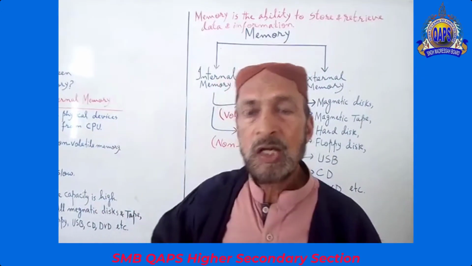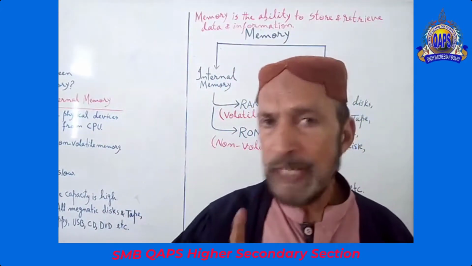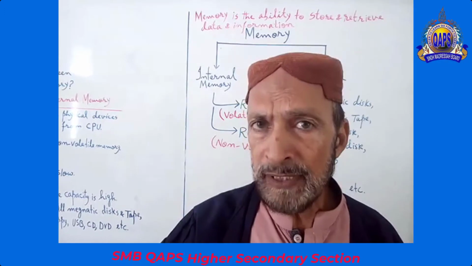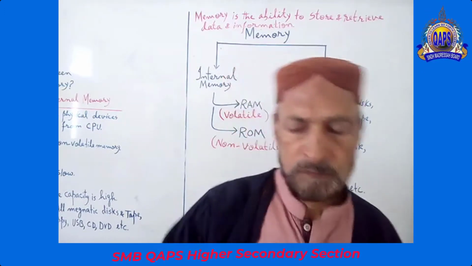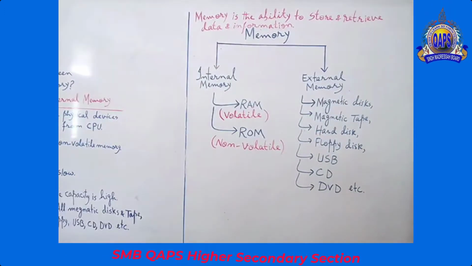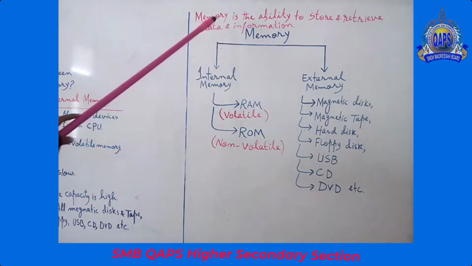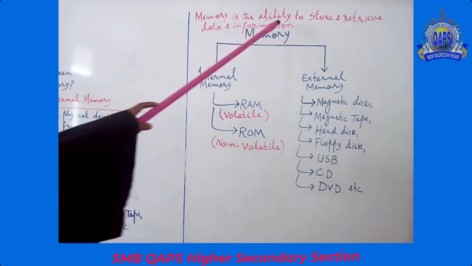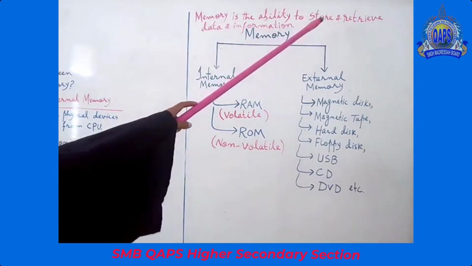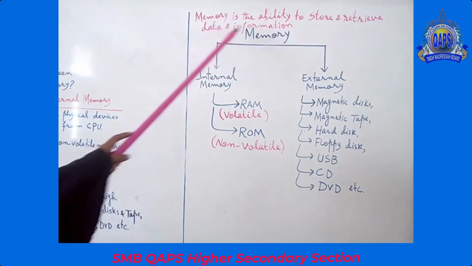Retrieve means recall. You understand the definition of memory? Look at the board now. What is memory? Answer. Memory is the ability to store and retrieve data and information.